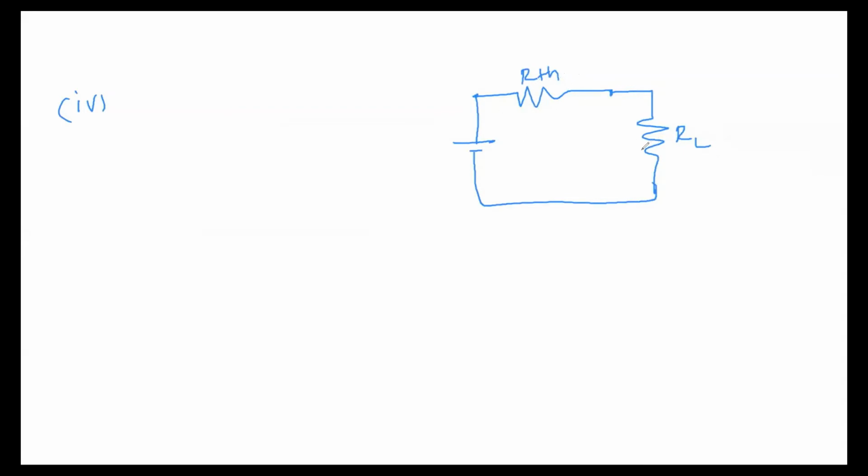Here I am not varying the load resistance, but I am varying the source resistance. I will take some other name for this one, RS. This is VS. Now I am varying RS.